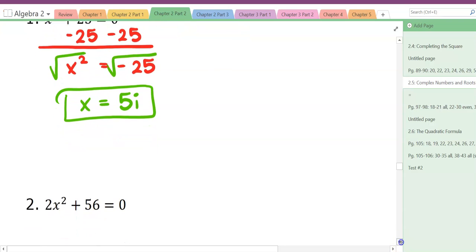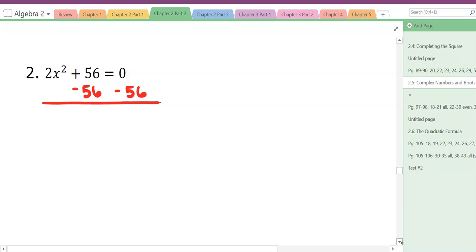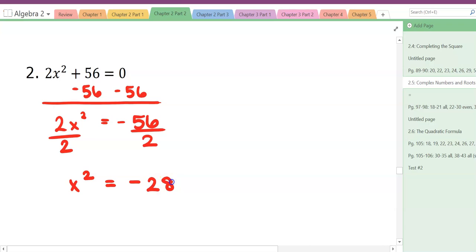Okay. Number 2. First thing I would do is subtract the 56. So now it says 2x squared equals -56. Then what do you have to do before you square root? Divide by 2. So we have x squared equals negative 56 divided by 2, which is negative 28. Now I square root both sides.